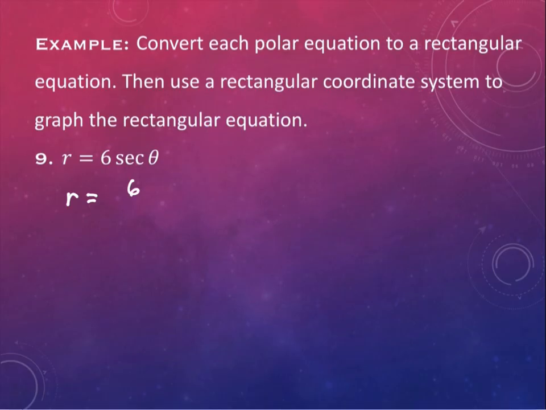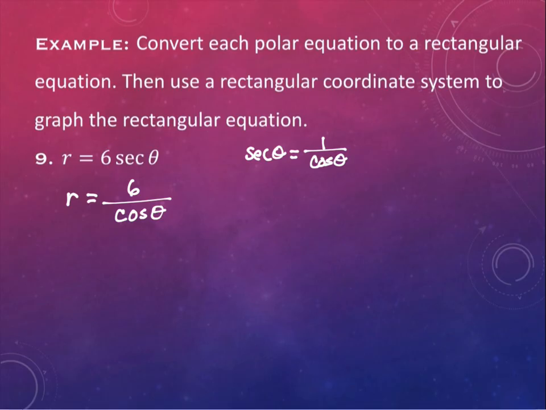So how could I rewrite secant so that it has cosine in it? How are secant and cosine related? They're reciprocals as well. So if there's a secant up in the numerator, I could put a cosine in a denominator, right? So we're using the fact that secant of theta is 1 over cosine of theta. So I'm going to rewrite this as 6 over the cosine of theta.